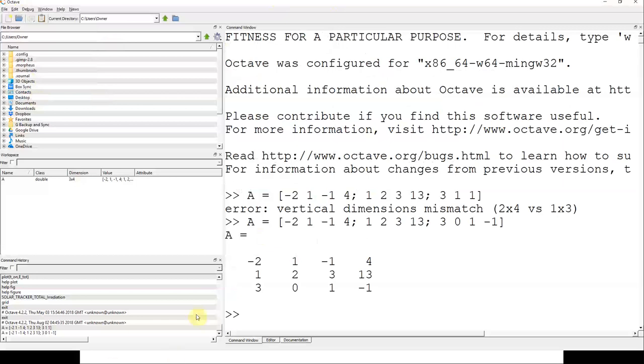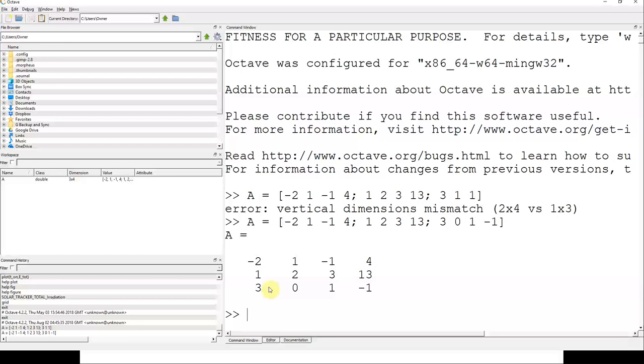Alright, since I've made a mistake here and put the augmented rather than the coefficient matrix, let me do something. This is what is called an assignment, okay? Assignment means I'm going to make a little box we call A, a storage system, and put this in it.